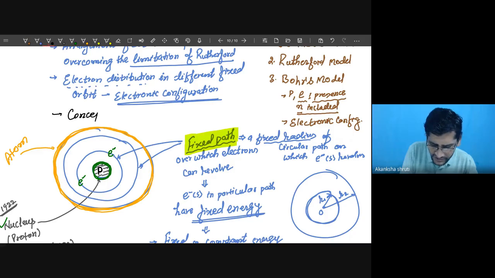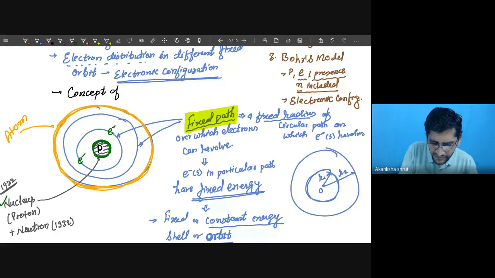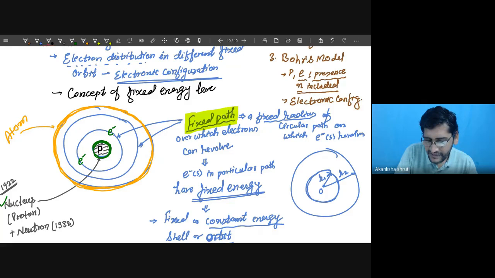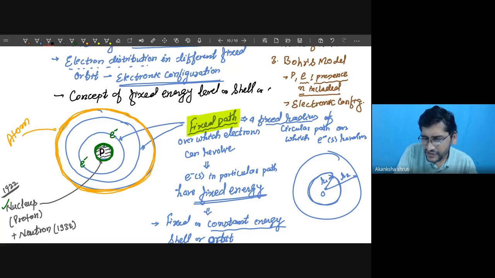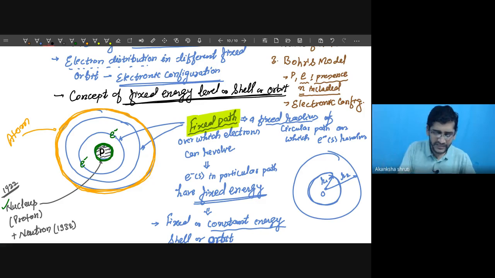This is called the concept of fixed energy level, shell or orbit, which mean the same thing. If you consider the fixed path, meaning a fixed distance from the nucleus, then this concept can hold good.